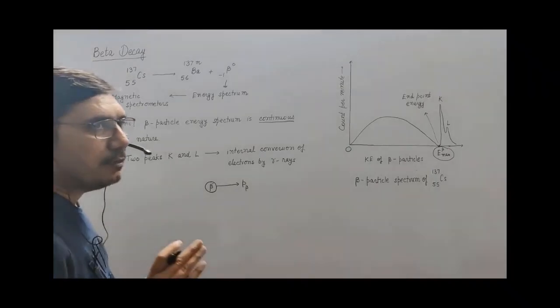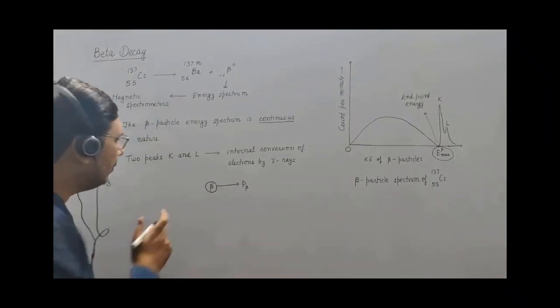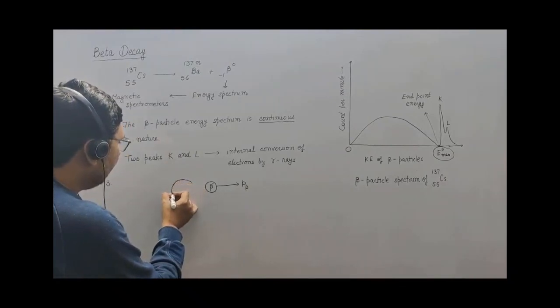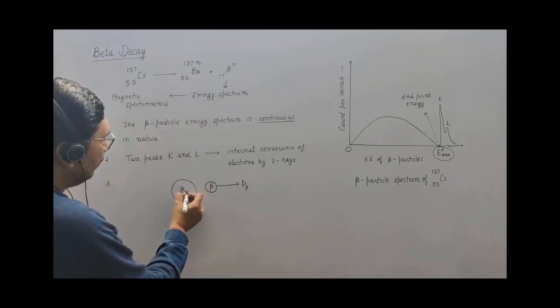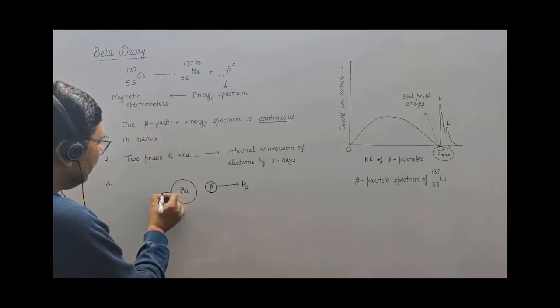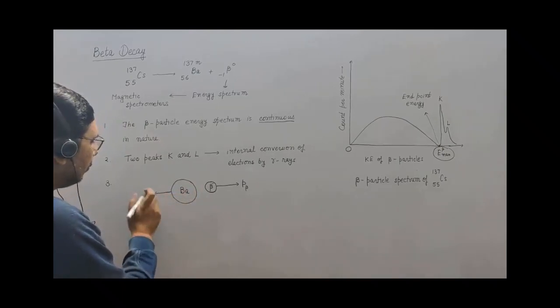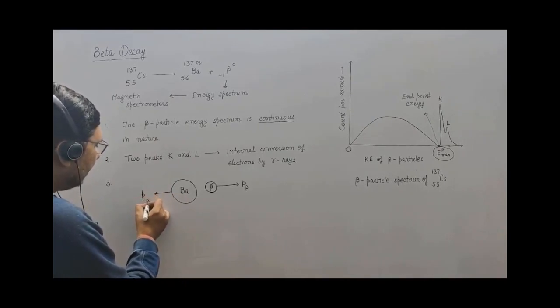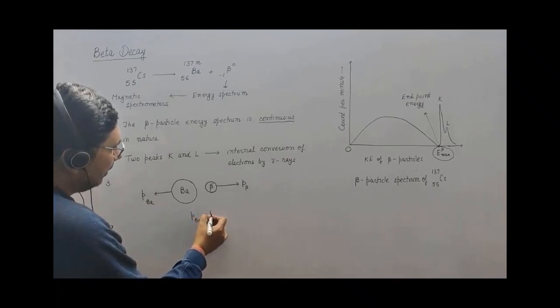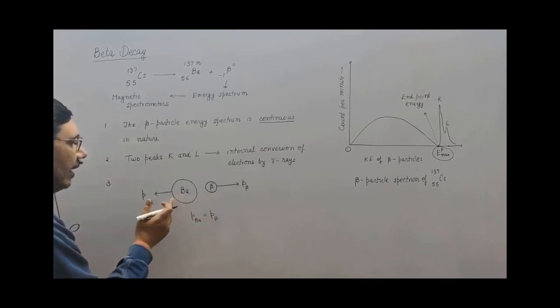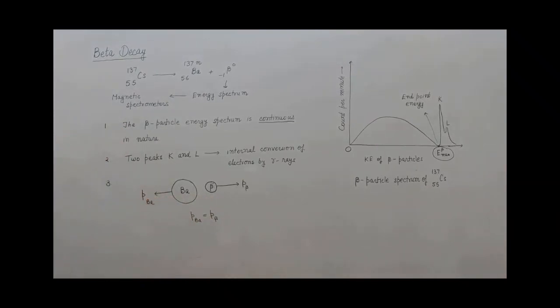Then according to conservation of linear momentum, the recoil momentum of the daughter nuclei Ba, Pba, should be exactly equal to P beta, the momentum carried by the beta particle, and it should be in the opposite direction.